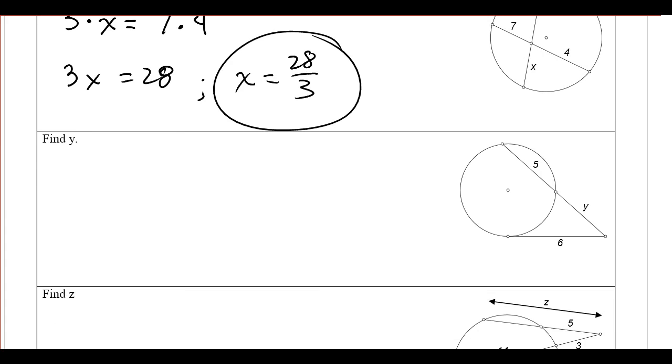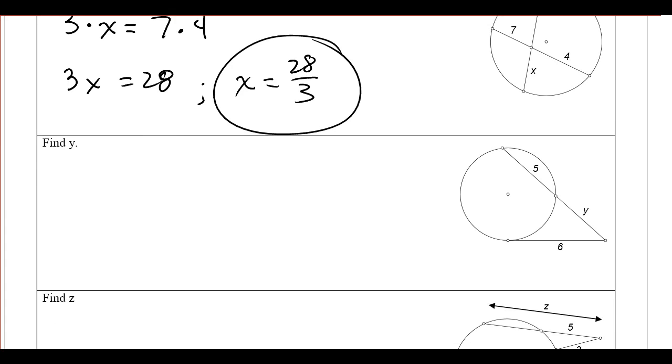Alright, for the second one, we've got a tangent and a secant, so we're going to use our tangent-secant power theorem. So it says that the tangent segment squared, so we have 6 squared, is going to be equal to the entire secant segment, which in this case is y plus 5, so be careful about that, because the entire secant segment goes from this point all the way through the circle to the other point.